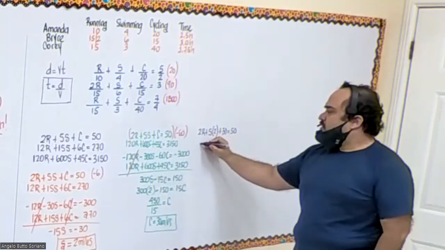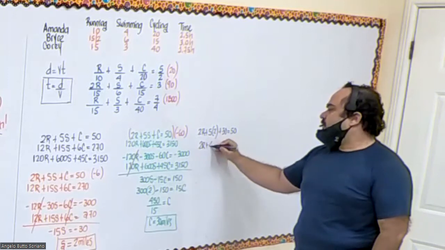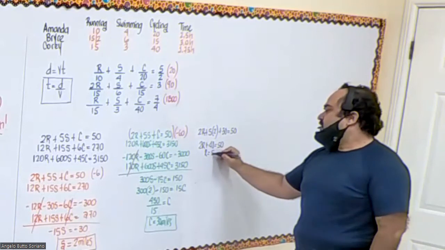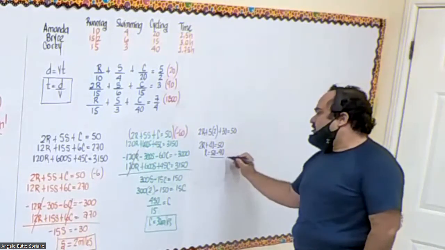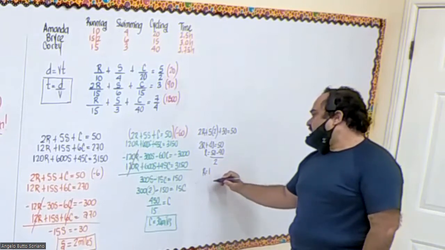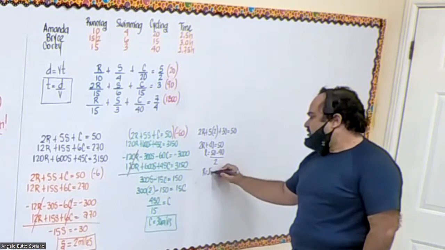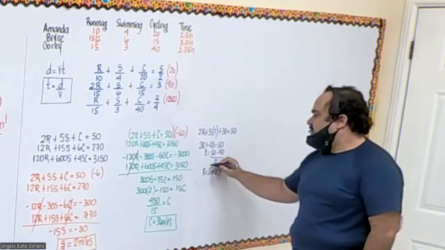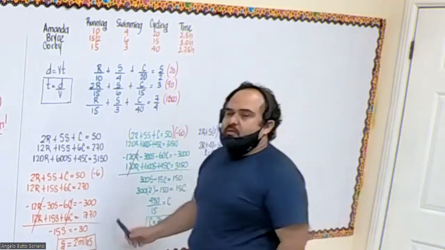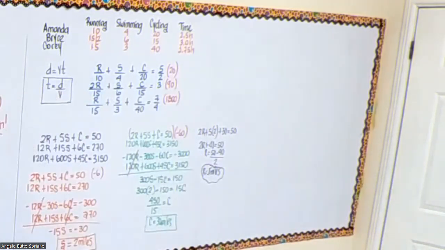So 2r plus 40 equals 50. r equals 50 minus 40 divided by 2. r will be equal to 5. And this is, my dear students, the solution set. The classwork number one.